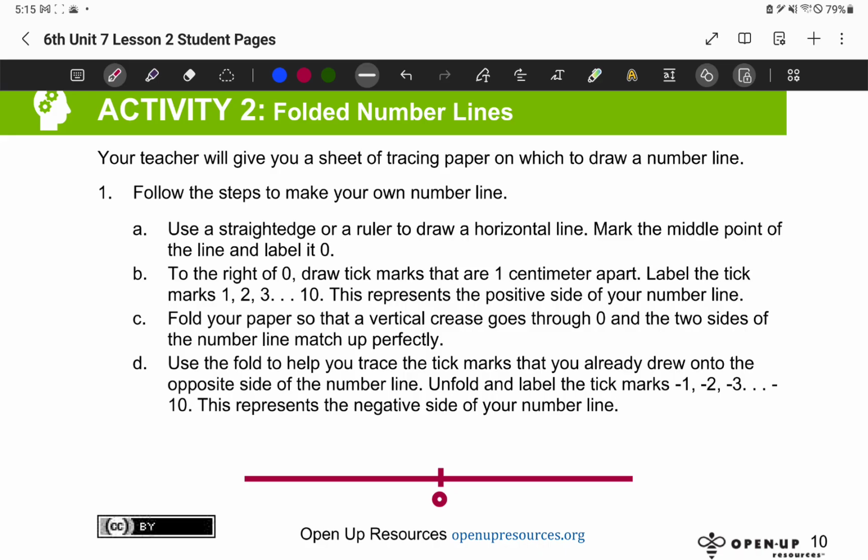And then 1 centimeter apart, you make little tick marks.